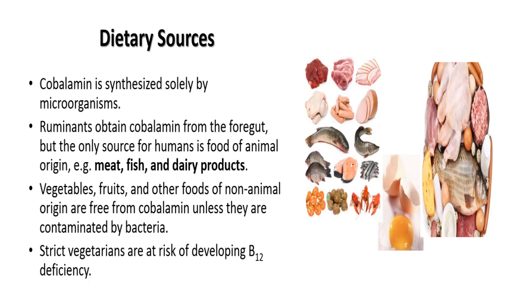Otherwise, cobalamin is mainly present in animal origin food, which includes meat, eggs, milk, dairy products, fish, poultry, etc. Vegetarian foods, vegetables, fruits and other food sources of non-animal origin are free from cobalamin unless they are contaminated by bacteria. So note that strict vegetarians are at risk of developing vitamin B12 deficiency.